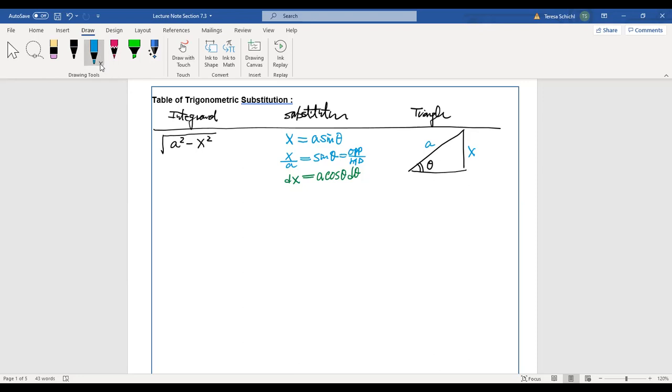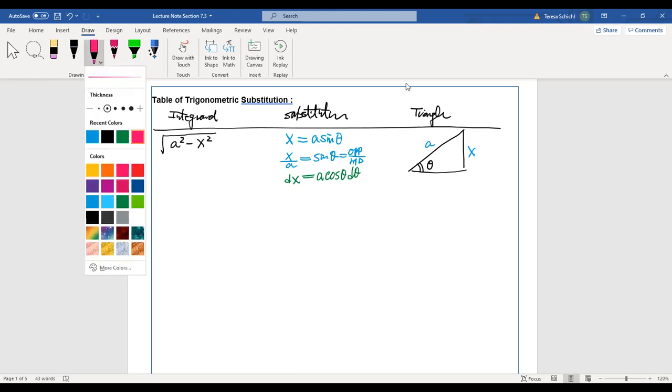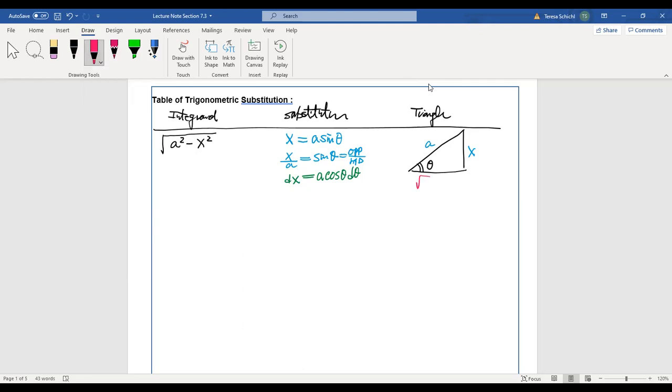So now I can use the Pythagorean theorem here. This is x, this is a. So this side will give you the square root of a square minus x square, right? So that is the a square minus x square under the root, and it will be the a cosine theta here, right?